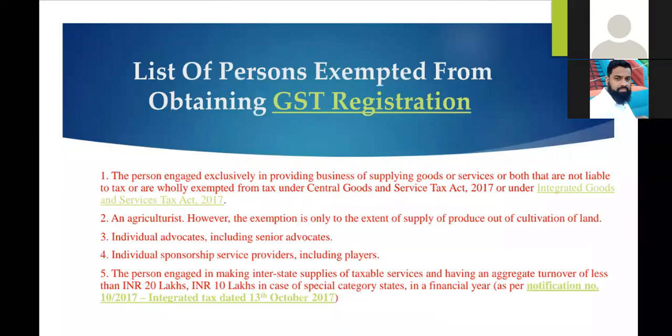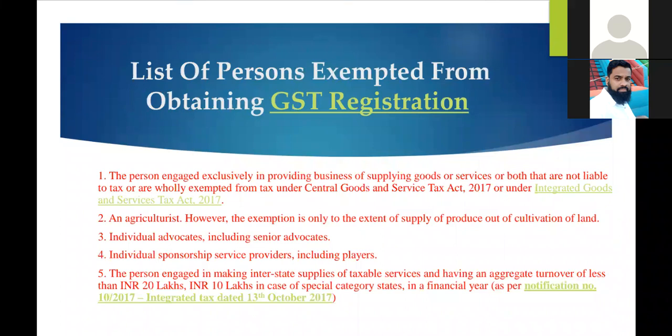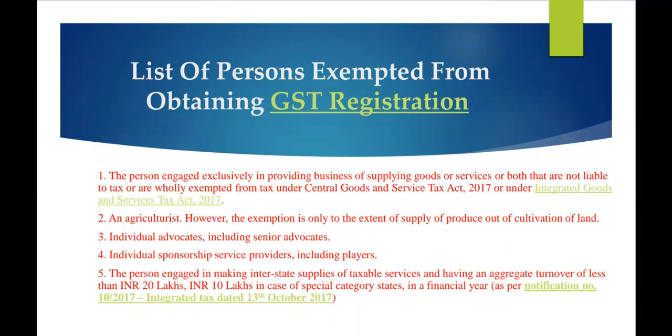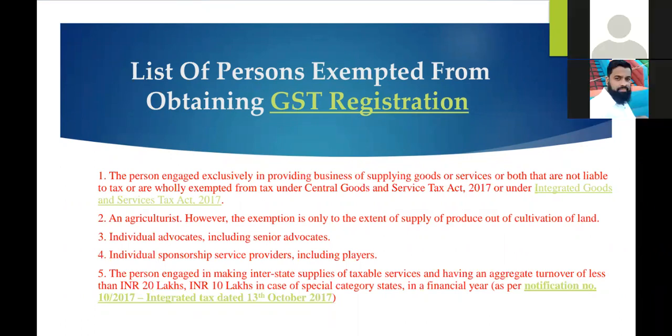Now, once you know about this, let us look at the list of persons exempted from obtaining GST registration. There are some persons who are exempted from obtaining GST registration.